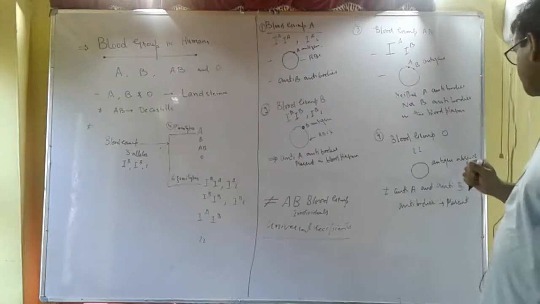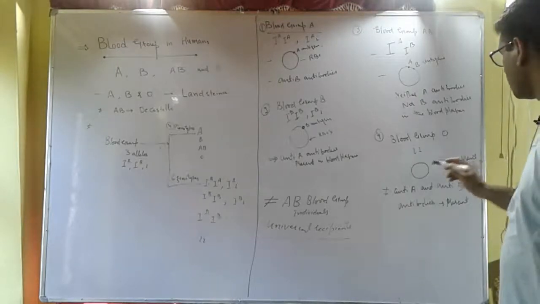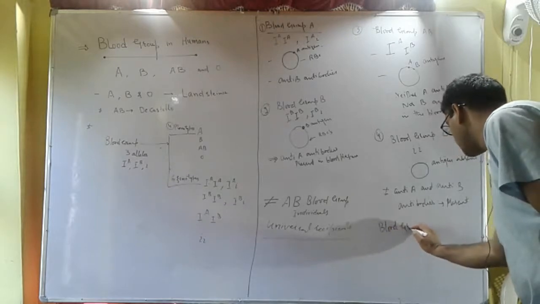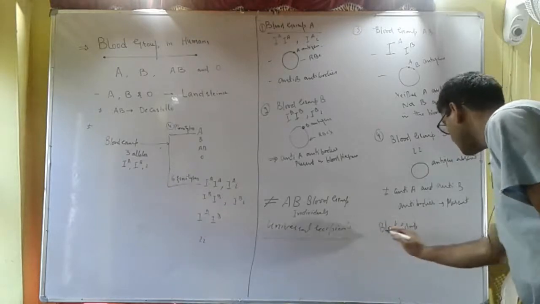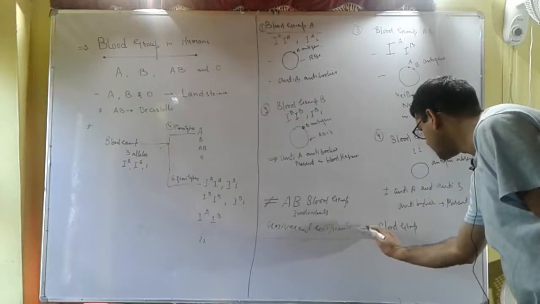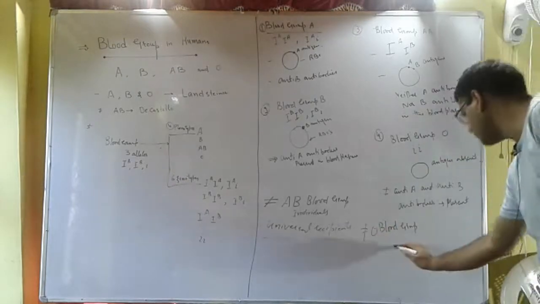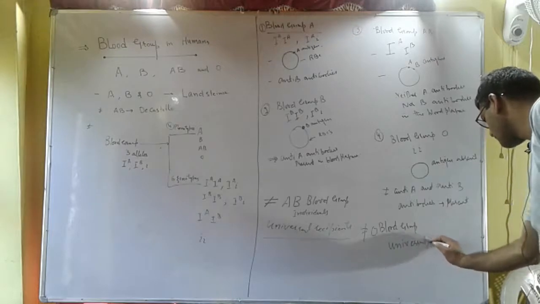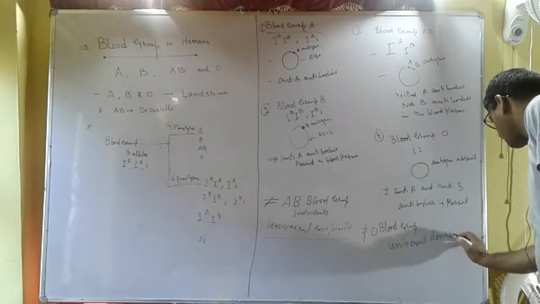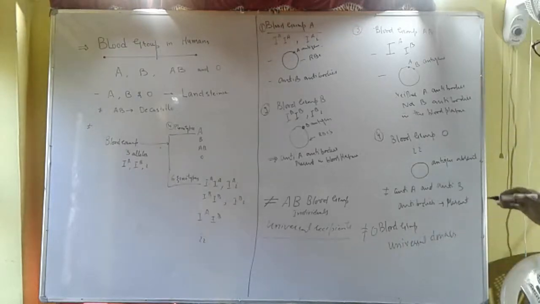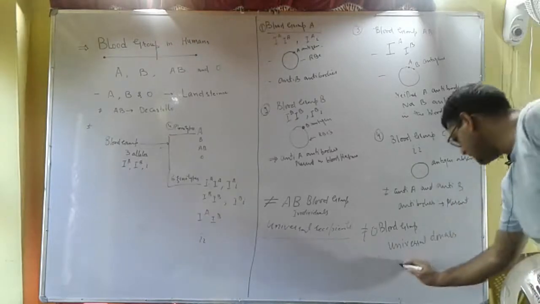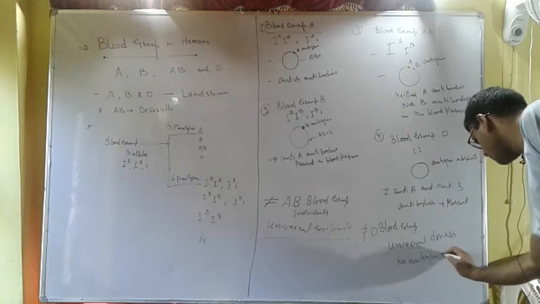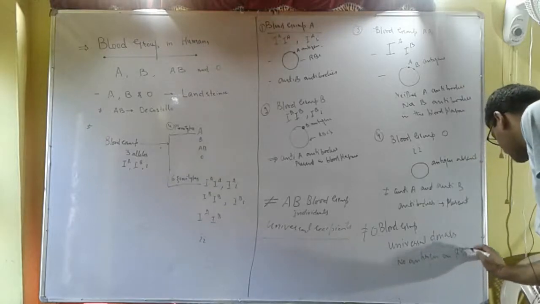Whereas blood group O individuals are universal donors. Why are they universal donors? Because they do not have antigens on RBCs.